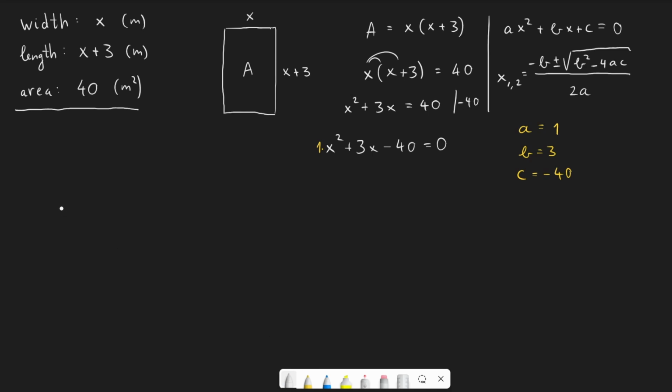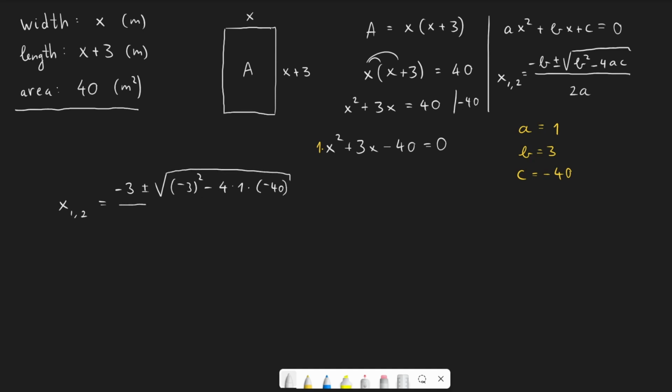So let's do the calculation. So x1 and 2, and don't forget that x is our width, so that is what we will calculate. Minus b, that is minus 3, plus minus square root of minus 3 squared minus 4 times a, which is 1, times c, which is minus 40.